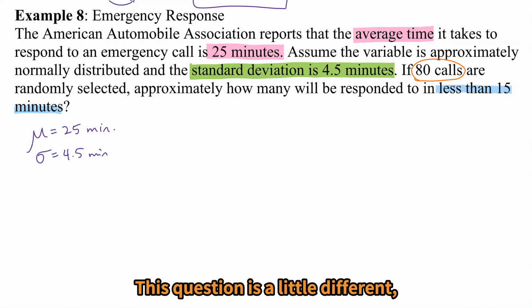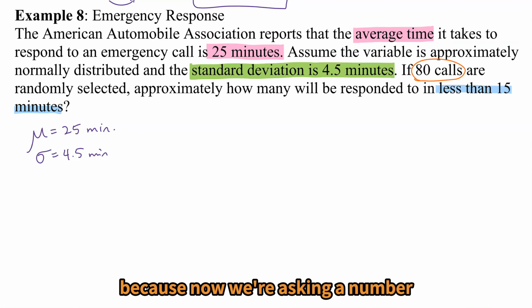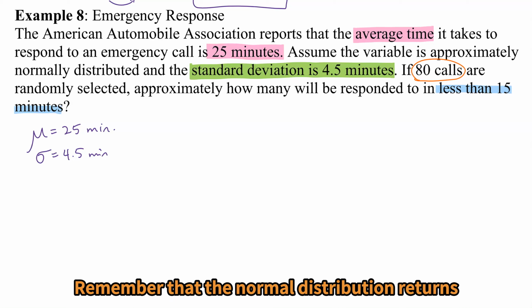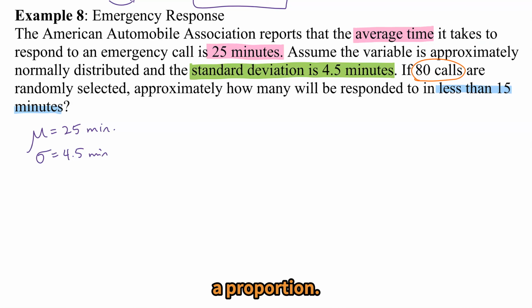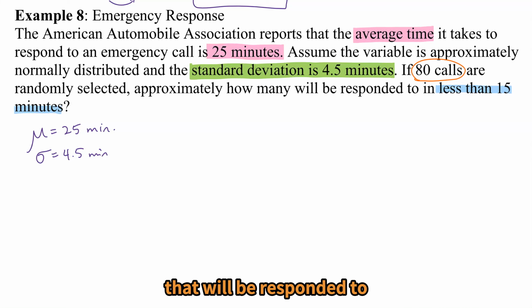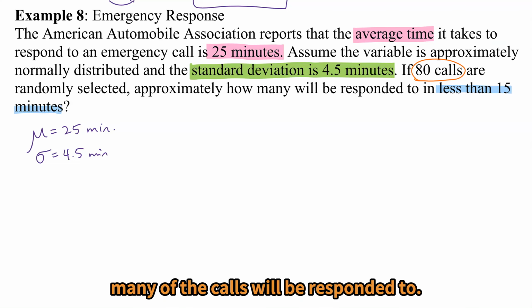This question is a little different because now we're asking for a number, not a percentage or proportion. Remember that the normal distribution returns a proportion. So we need to find the proportion of calls that will be responded to in less than 15 minutes, and then consider how we calculate how many of the calls will be responded to.